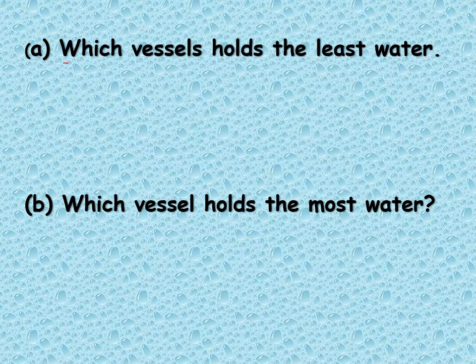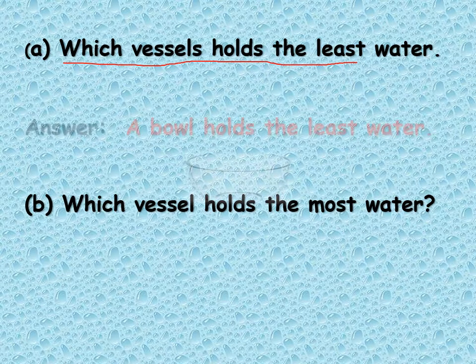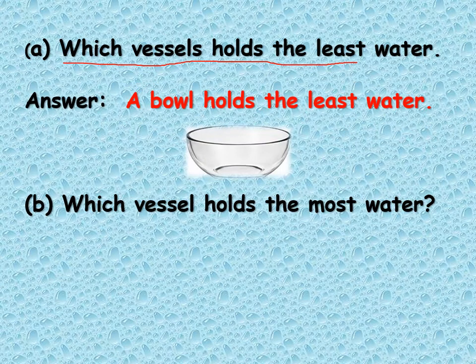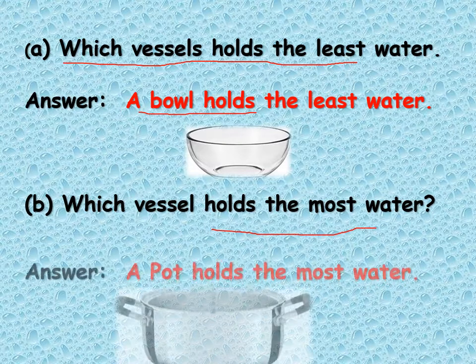First question, which vessel holds the least water? Yes, you guessed it right. A bowl holds the least water. It holds only 1 cup of water depending upon the activity which we have done. Next question, which vessel holds the most water? Yes, tell me which holds the most water?